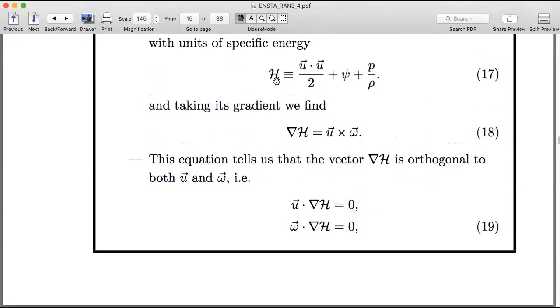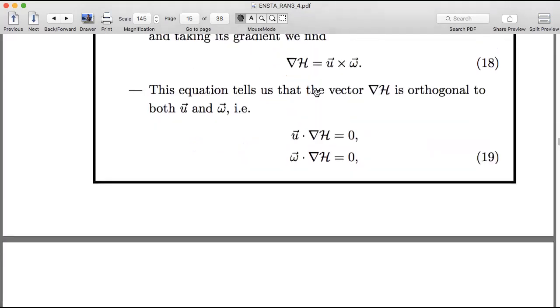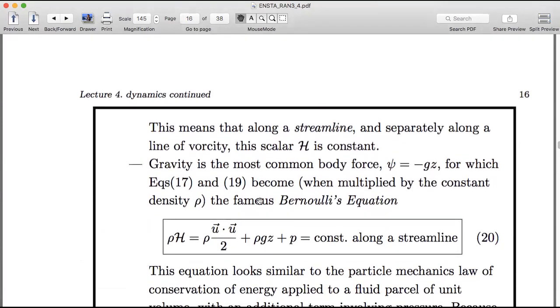So we'd have rho times h equals rho times the kinetic energy density here, and rho times the minus gz here, and then we just have p here, because we multiplied through by rho. But remember, density rho is a constant, and if this h is constant along the streamline, then rho h is going to be a constant along the streamline. And that's what we have here.